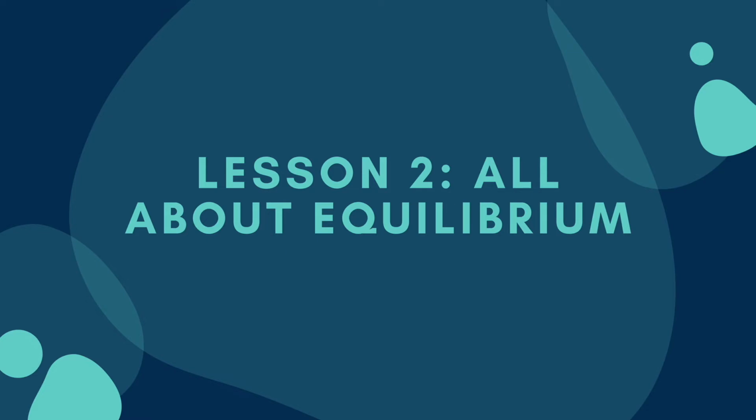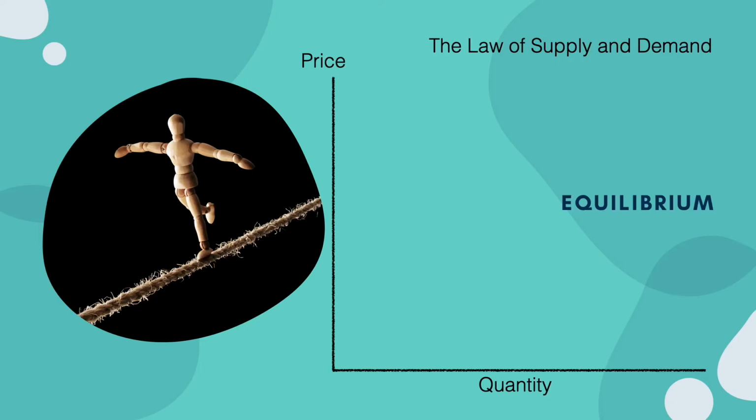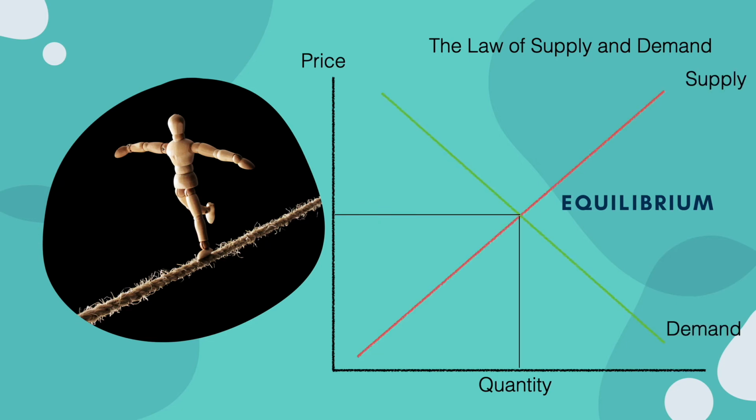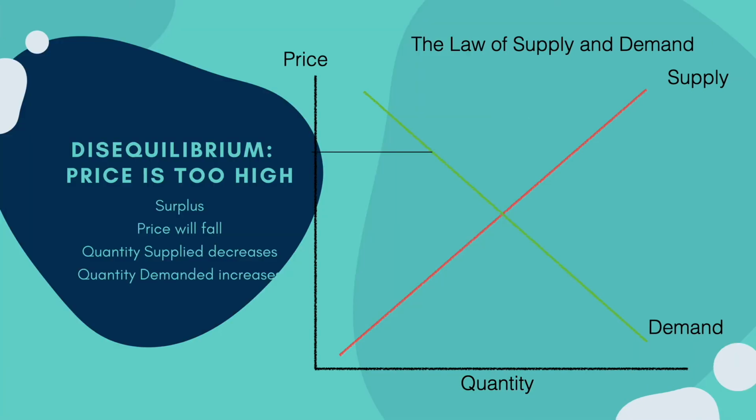Lesson 2, all about equilibrium. The markets are dictated by the law of supply and demand. When the supply equals demand, it is in a state of equilibrium. But sometimes, the demand is higher than the supply for a particular market.